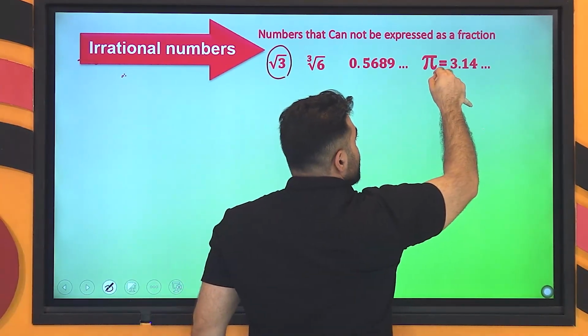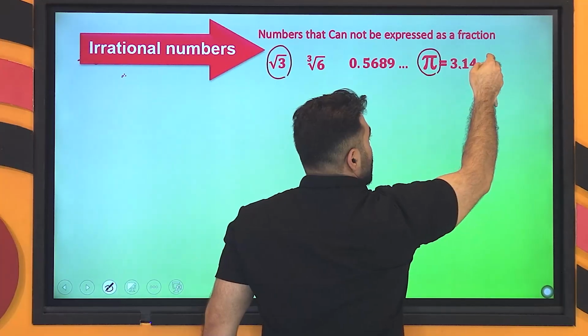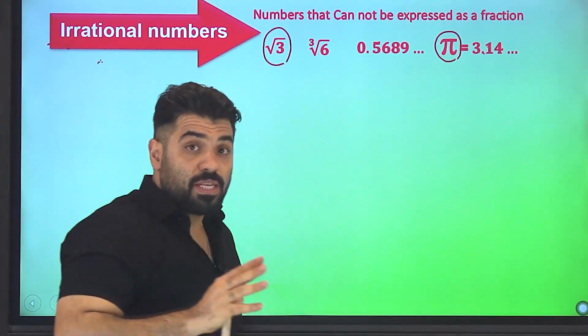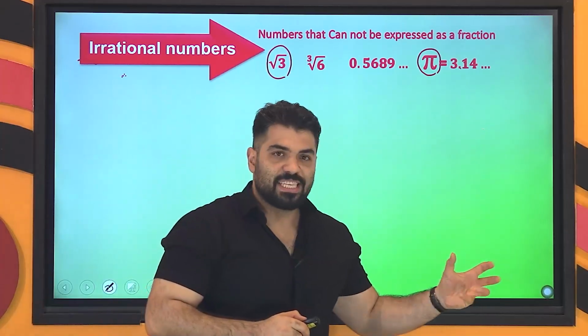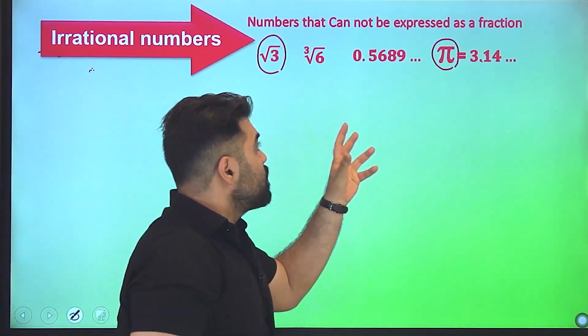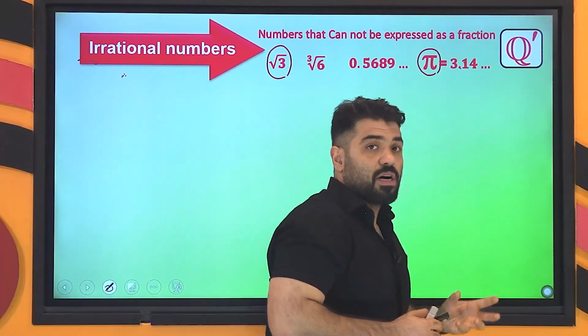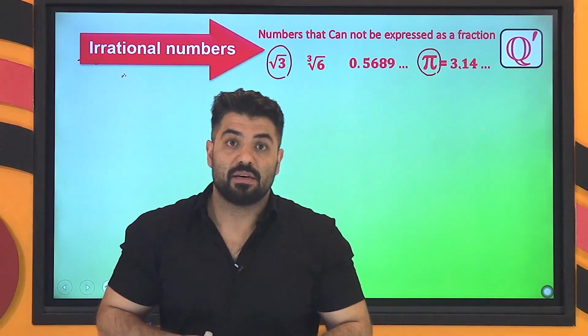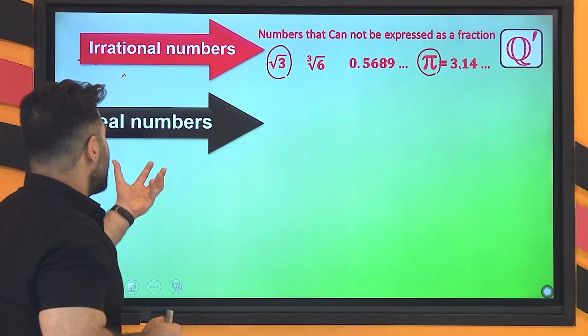Like the most famous constant in mathematics, pi number, 3.14, so forth, without repeating string. I will talk more about decimal numbers in next session. The notation of irrational numbers is Q prime, and it makes sense because, as I said, it's the complement of rational numbers.